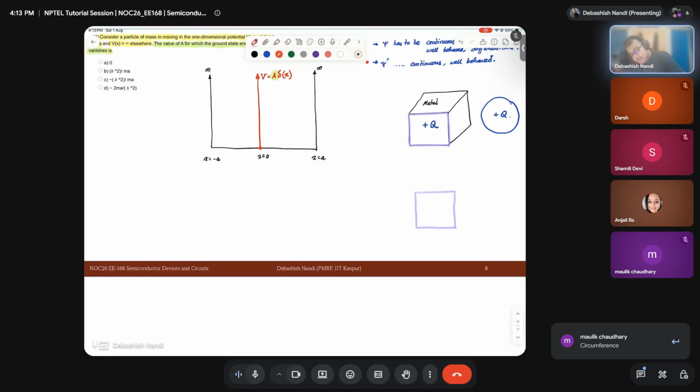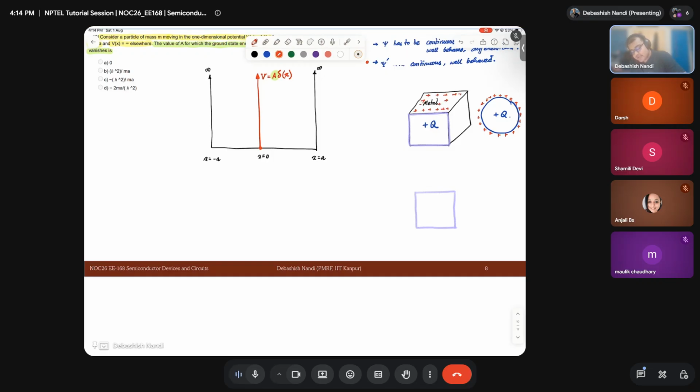And why does it happen? The charges are equally distributed at the surface of the sphere. The same thing will happen to the cube also. The charges will be located at the surface of the cube.